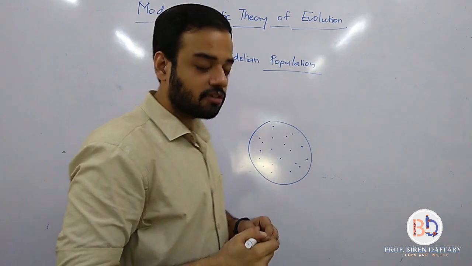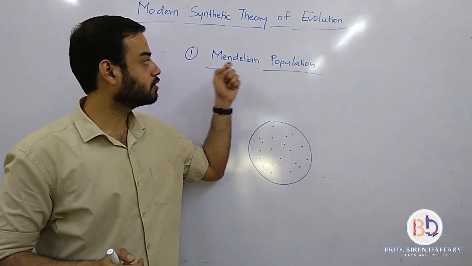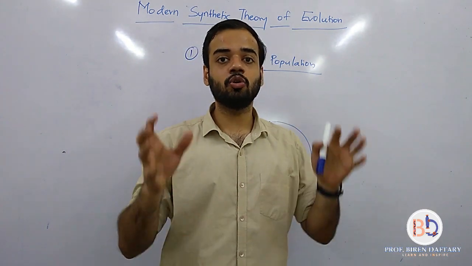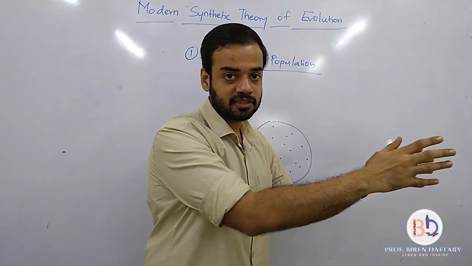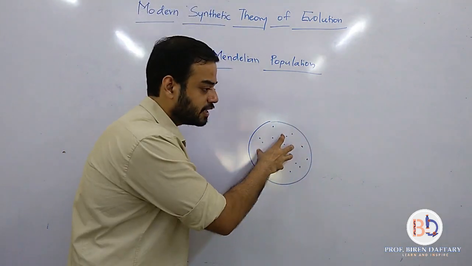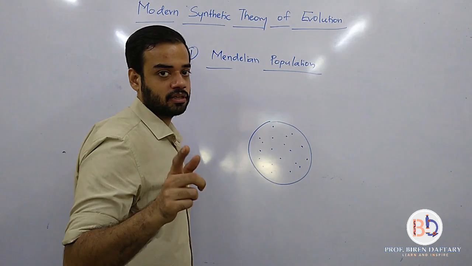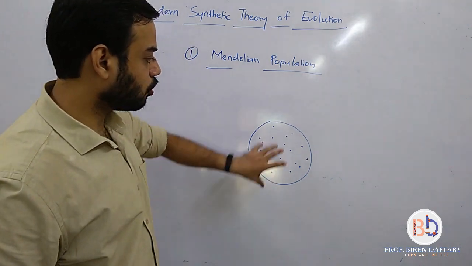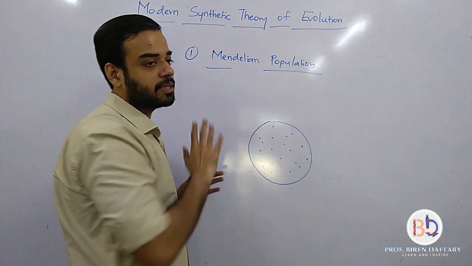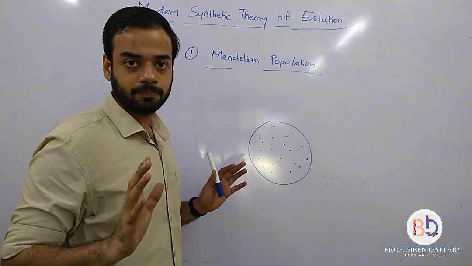So basically, when this term Mendelian population comes in front of you, you have to understand that the group of organisms in front of you, it may be plants, it may be any organism, all those organisms can interbreed with each other. Suppose I say that all these organisms cannot interbreed with each other, that means it is not a Mendelian population, it is just a population.